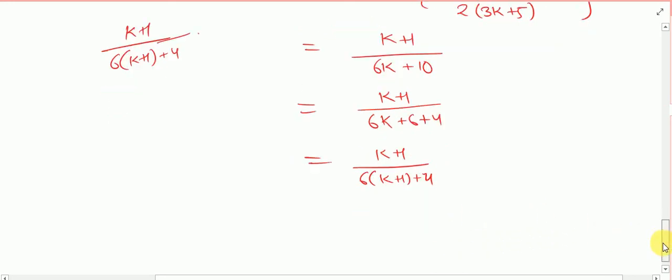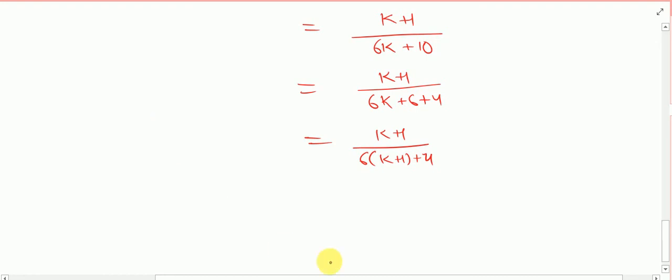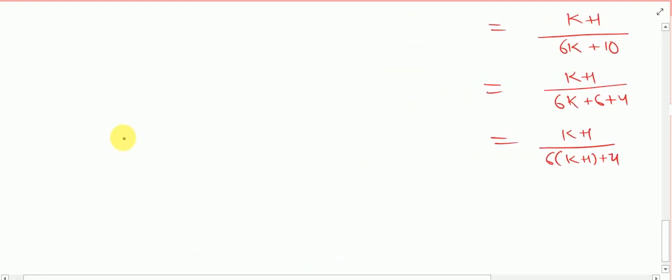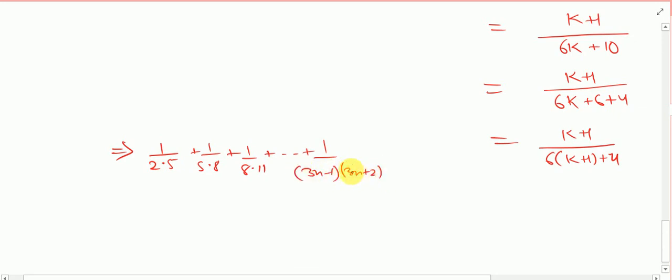Now you can see that here we have got, in terms of k, 3k plus 3k plus 1 minus 1, and here 3k plus 1 plus 2.